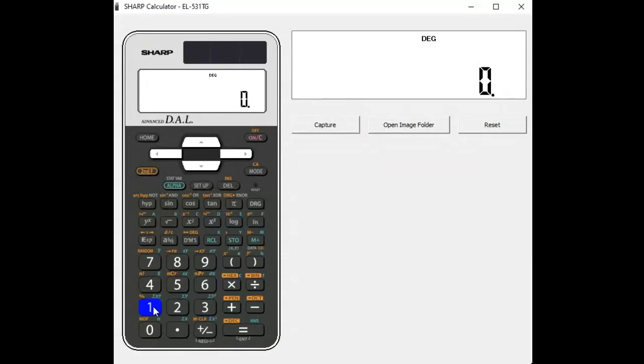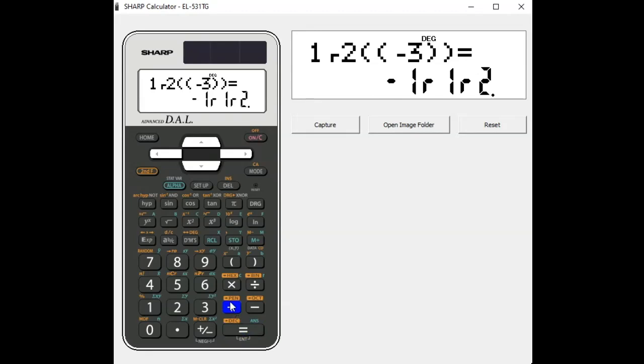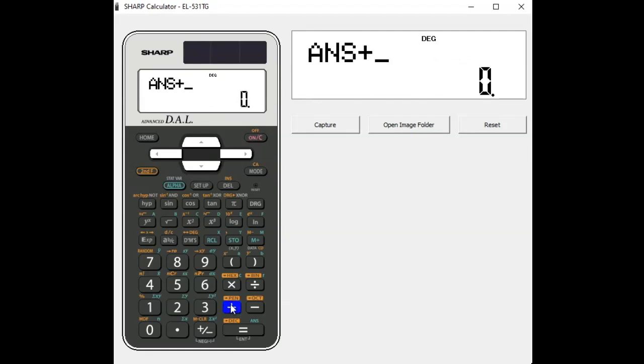So we had 1/2 times -3, which gave me -1.5 or -3/2, right? And we added 2, and that gives me 1/2 or 0.5.